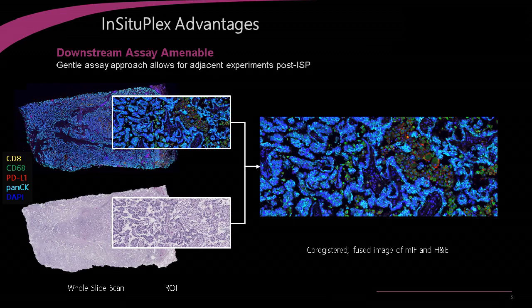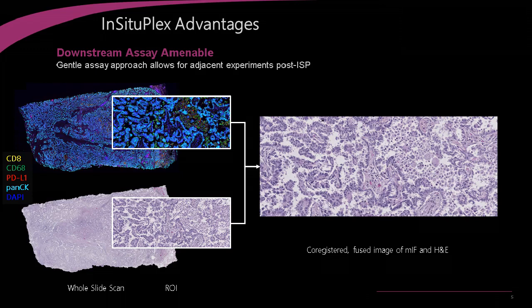If we zoom in on a higher magnification region of interest, you would see here the fluorescence staining, which includes CD8, CD68, PD-L1, and pancytokeratin, which is the kit that you will also hear about in the next presentation.